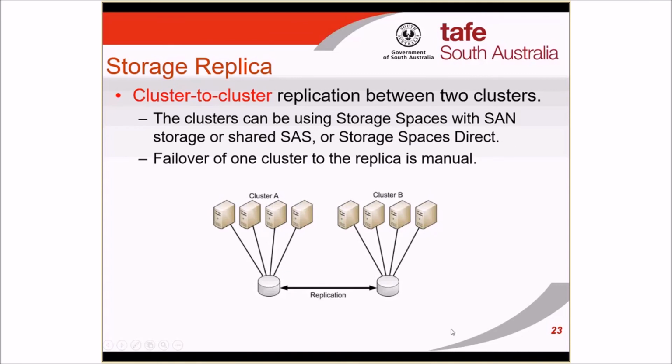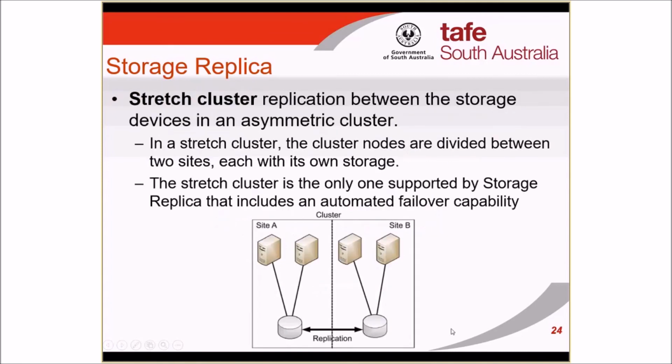And then there's the stretch cluster, which replicates between the storage devices in an asymmetric cluster. In a stretch cluster, the cluster nodes are divided between two sites, each with its own storage. The stretch cluster is the only one supported by storage replica that includes an automated failover capability. Instead of being on the same site, these are on different sites, like Adelaide and Mount Gambier, or head office and a branch office.